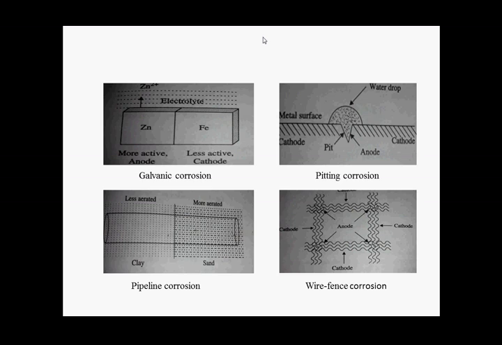In the last example, wire fence corrosion, the cross of the wire fences is less aerated compared to the area which is exposed to oxygen. The exposed area acts as cathode and will not undergo corrosion, but the fence area which is crossed together acts as anode and undergoes corrosion.